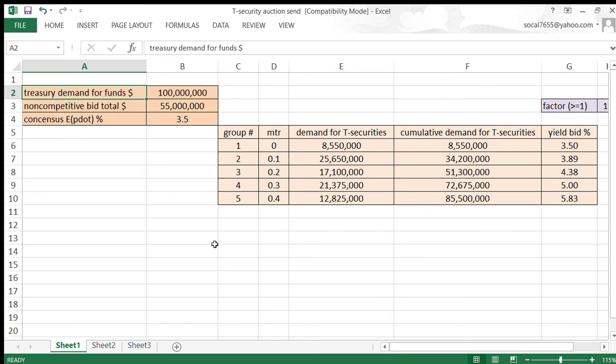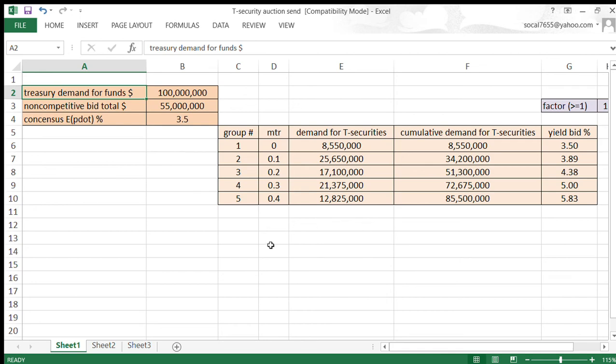This example was interesting because it shows you generally how one type of auction works, and it also shows how important marginal tax rates are in determining the yield that's determined at an auction.